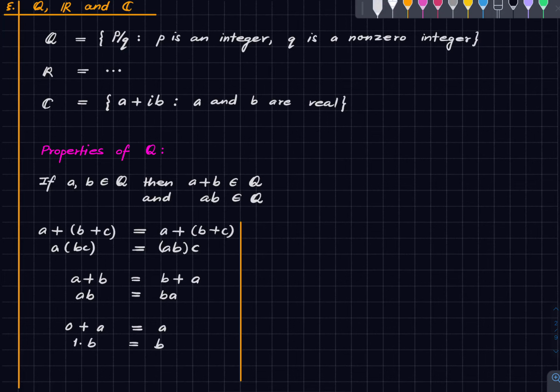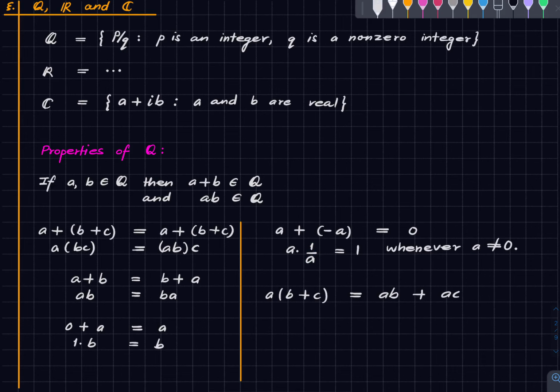We have the additive inverse, so this is 0 for all rational numbers a, and this product is 1 whenever a is non-zero. If a were 0, this cannot be written. It doesn't make any sense because 1 upon 0 is not defined. And lastly, we have the distributivity property, that addition and multiplication behave well with each other.